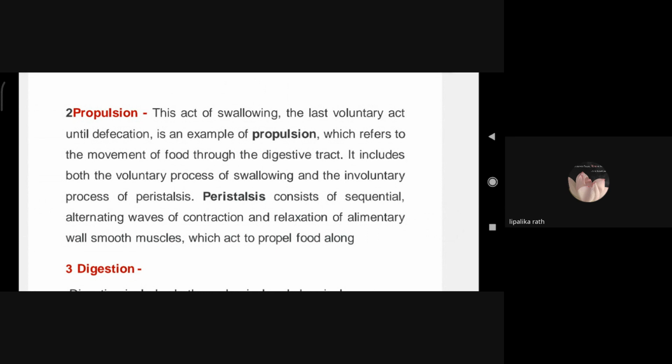Once we swallow the food, we don't have any control over that bolus. Until it has been swallowed, we can do everything, but just after swallowing, we cannot do anything. It is under the control of smooth muscles, or involuntary muscles.